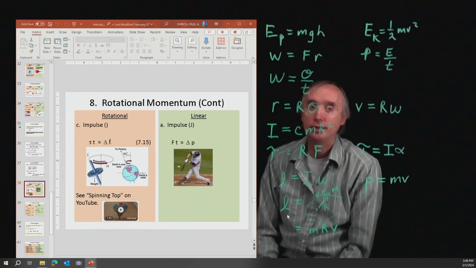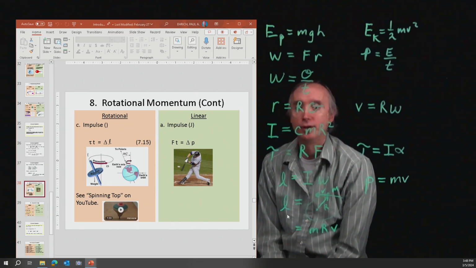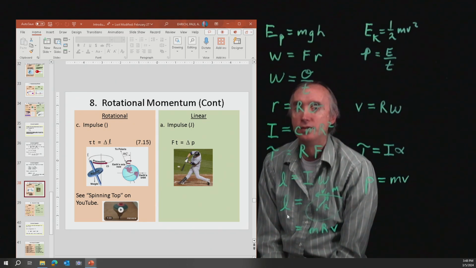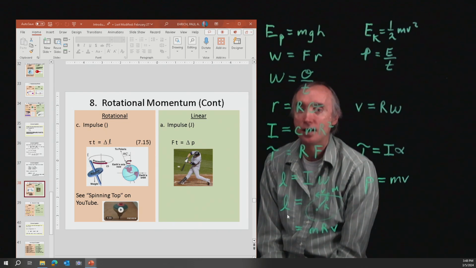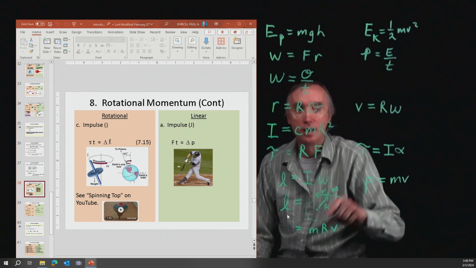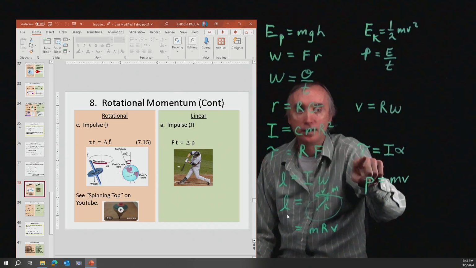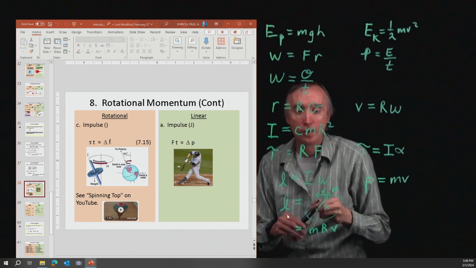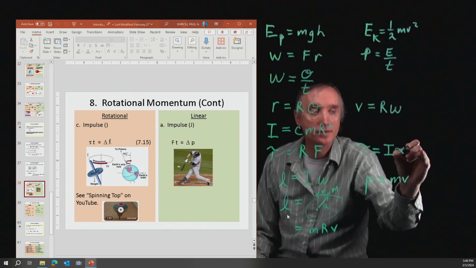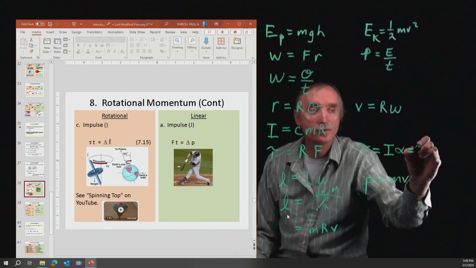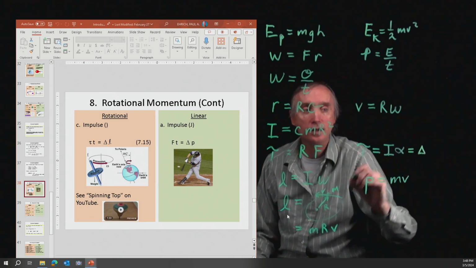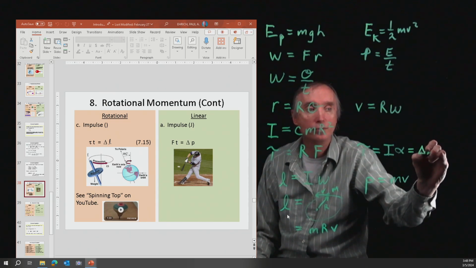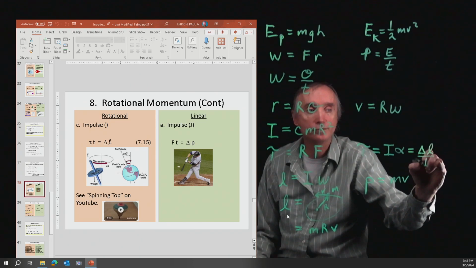And then we've been assuming that there is no outside torque acting on the system. So remember, a torque is going to cause a system to accelerate. Well, another way of saying that is it's going to change the angular momentum of the system.